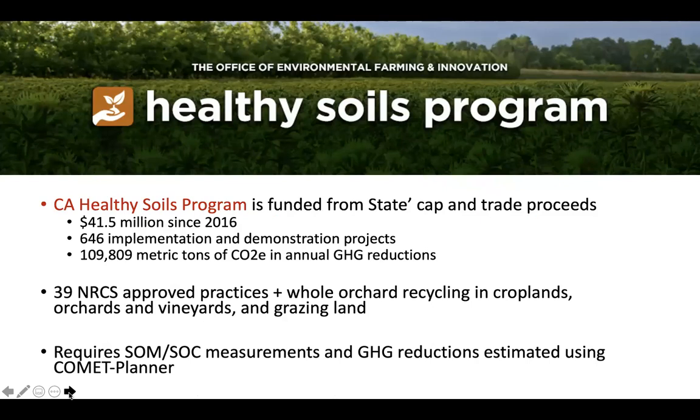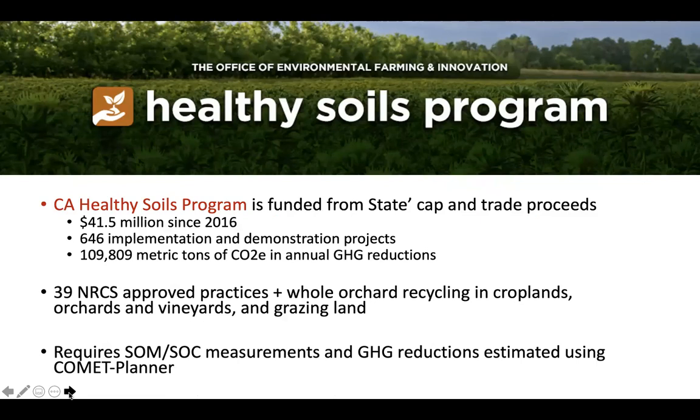If you're not familiar with it, this is the program that was created and is run by the state's greenhouse gas cap and trade program. It's distributed $41.5 million since 2016, and that has supported just under 650 projects.